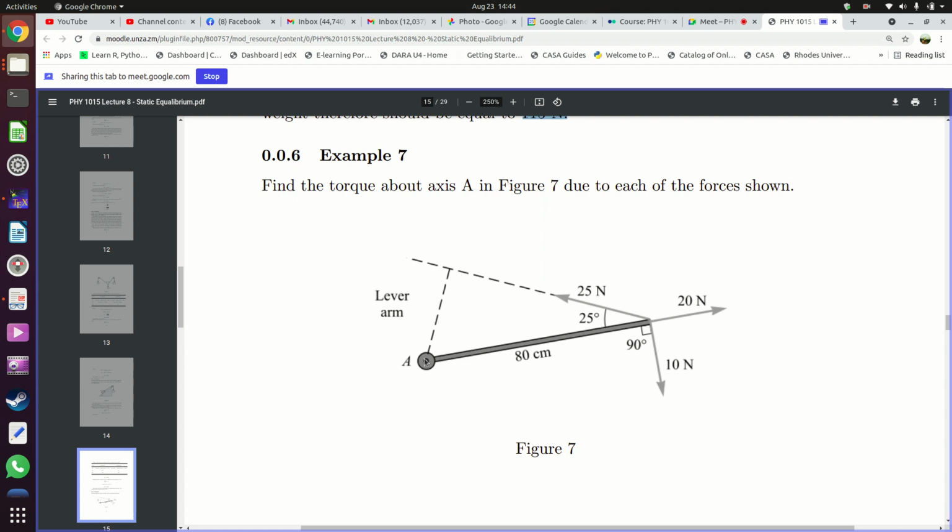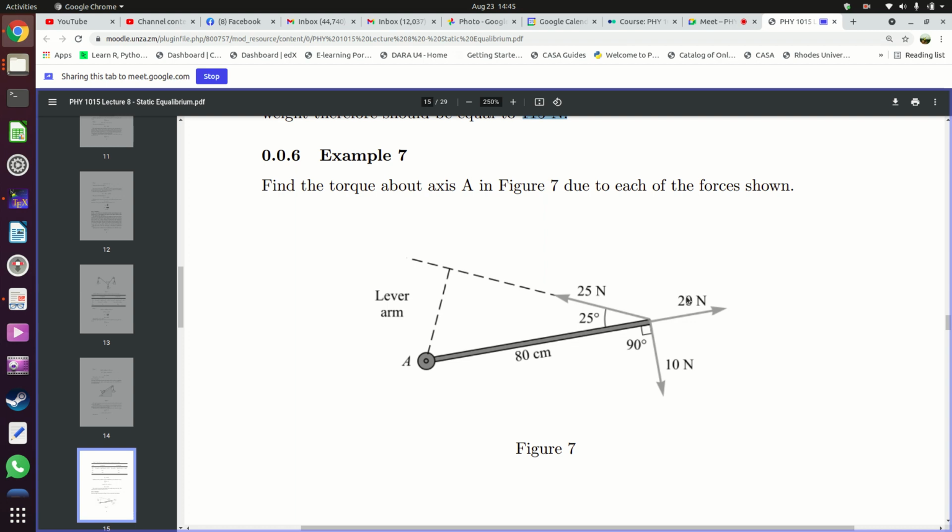The lever arm is going to be from here up to there. Then the angle is going to be 180 degrees or 0 degrees, whichever one it is. As long as it's 180 degrees or 0 degrees, you say sine 0 degrees, you get 0. Sine 180 degrees, you get 0. So this force, 20 newtons, does not produce any torque. So that's how you find the size of the torque.